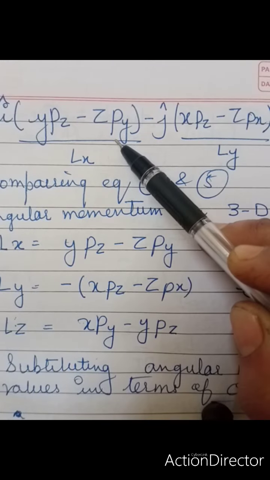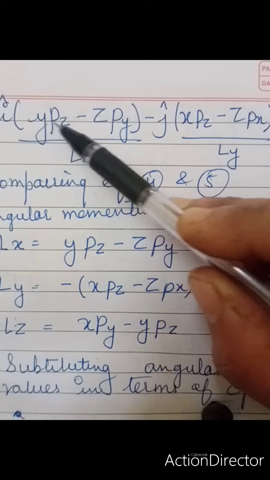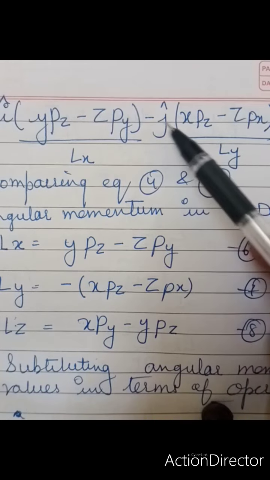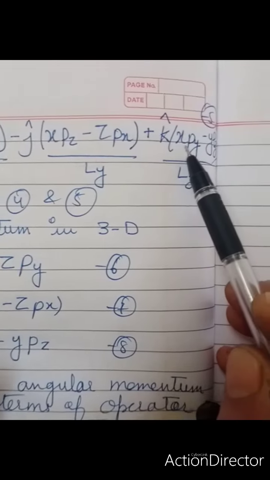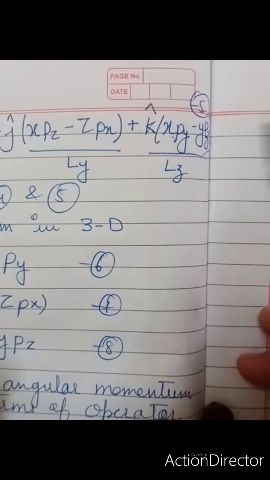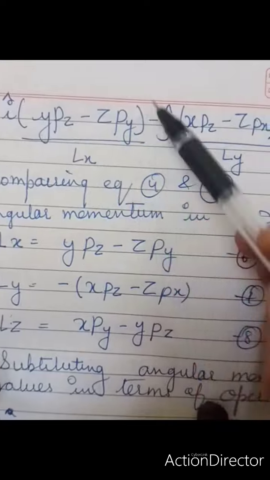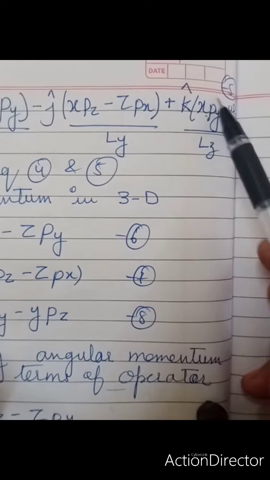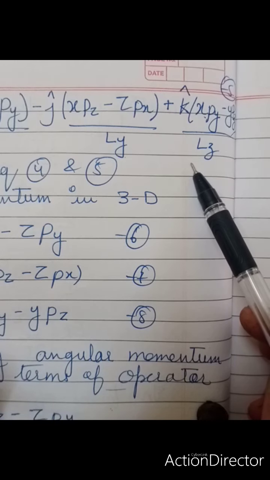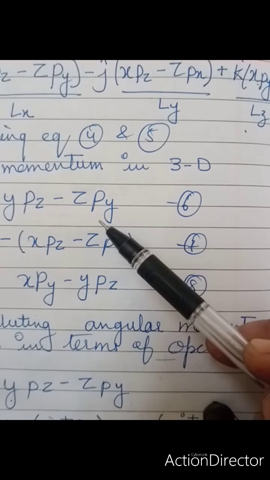So this will be the equation now: i times (ypz minus zpy), minus j times (xpz minus zpx), plus k times (xpy minus ypx). So this you can replace by Lx, this by Ly, and this by Lz. So this is the angular momentum in 3 dimensions.